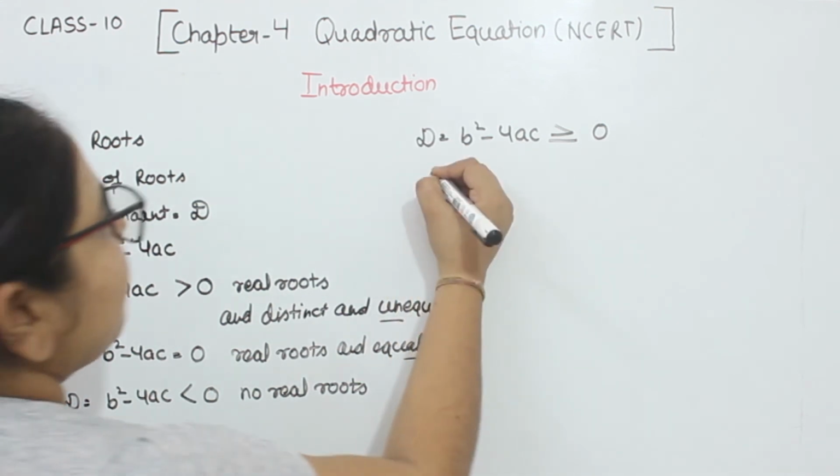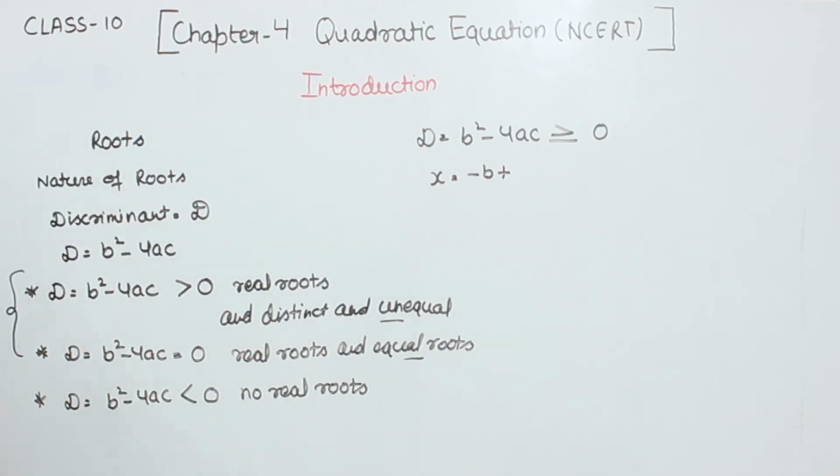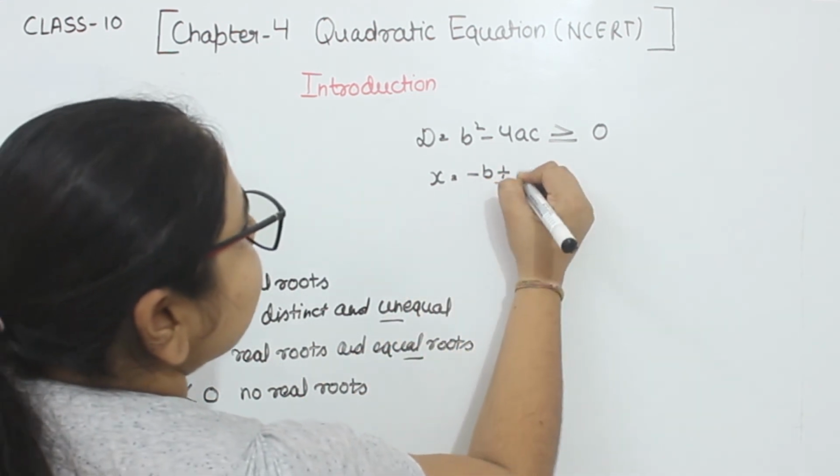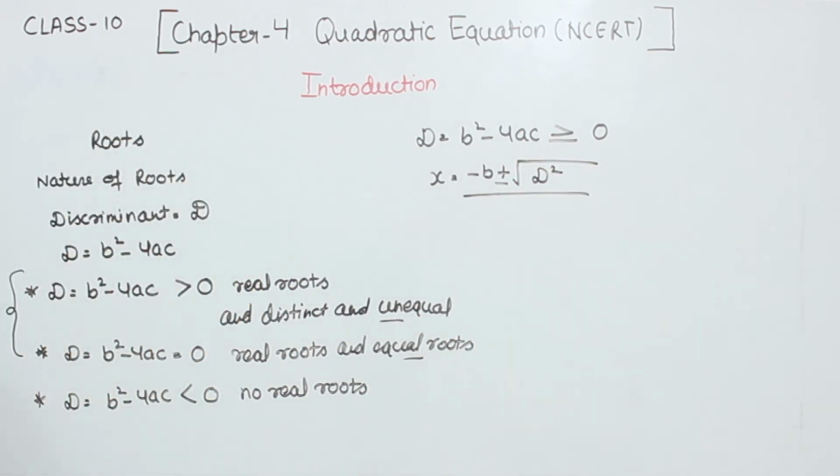And the formula is x is equal to minus b plus or minus root of D, all divided by 2a.